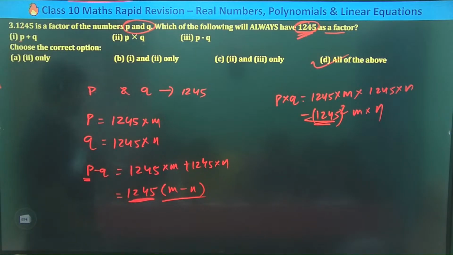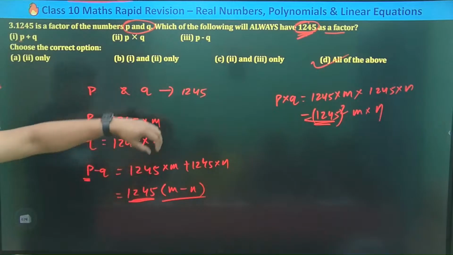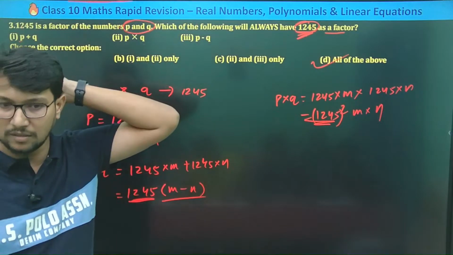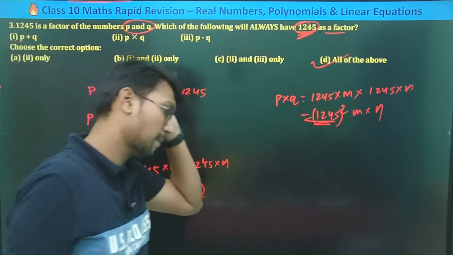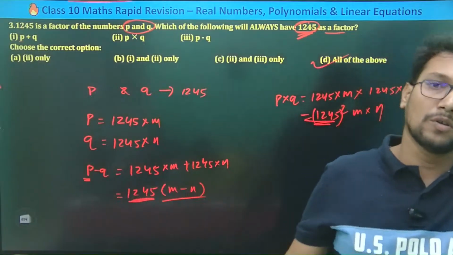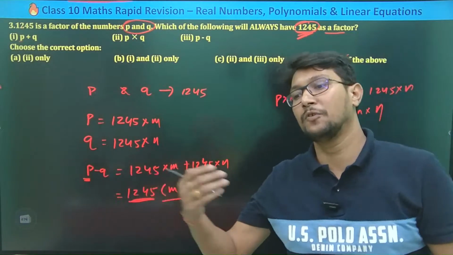Which one is not divisible? Then 1, 2, 4, 5 should not be common. Are you getting my point? So wherever 1, 2, 4, 5 is common, that is divisible. Now clear. If I ask you, 5 is a factor of which number?